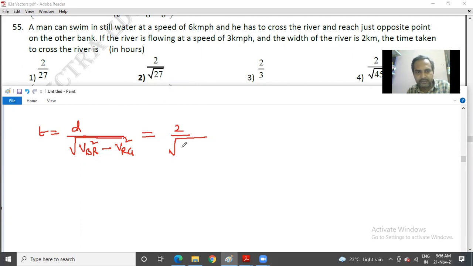So VBR is 6, it will be 36 minus VRG. VRG is 3, 3 square will be 9. So you will get the answer 36 minus 9. So it will be 27 root. This is in hours because speeds are given in kmph and distance is given in kilometers. So therefore you will get hours. We'll move to the other question.